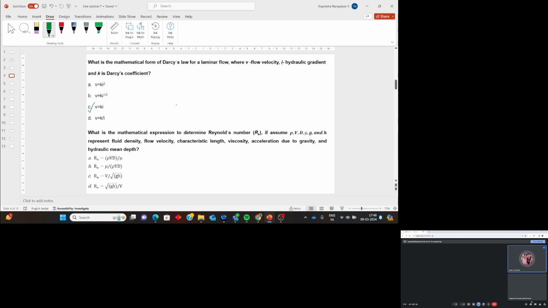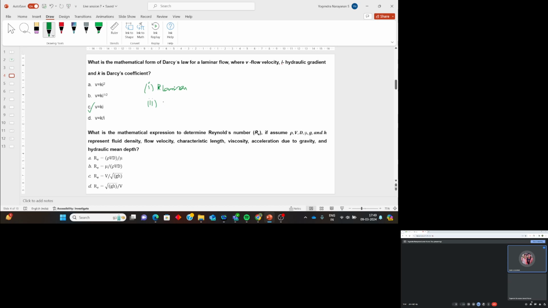Can you list some of the assumptions of Darcy's law? Flow is laminar. Yes, that is one. Second, standard temperature, laminar flow. Not standard temperature. There are some corrections for temperatures also, but at this level it is right at normal temperature ranges.